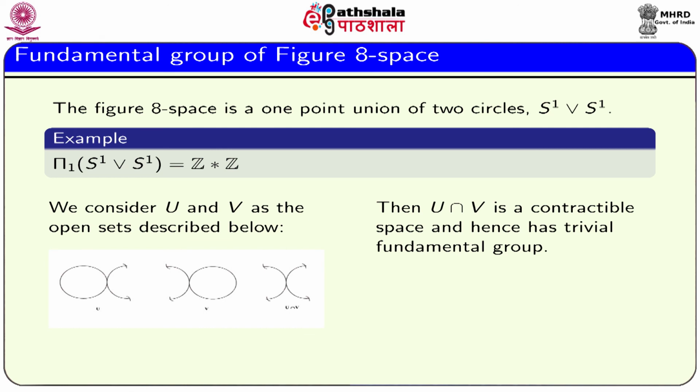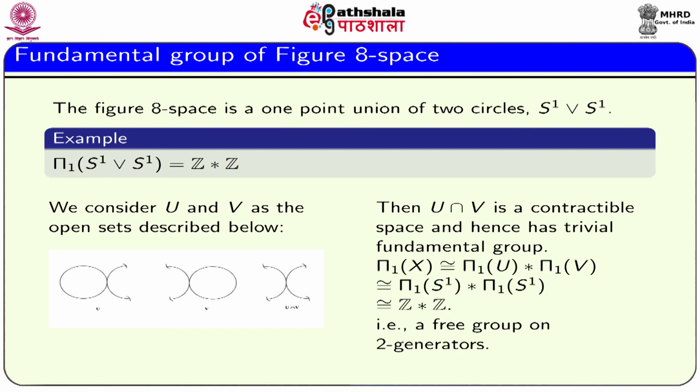Then if we take their intersection, that gives us a figure like what is appearing in the third position. This U intersection V, as seen in the figure, is a contractible space and hence has a trivial fundamental group.